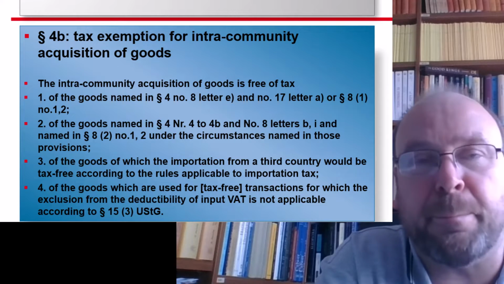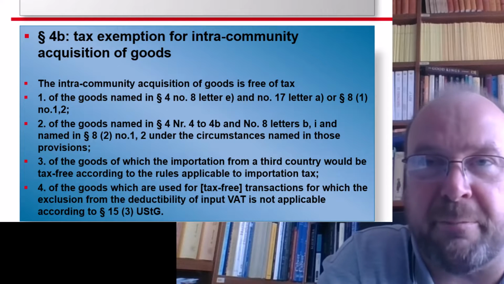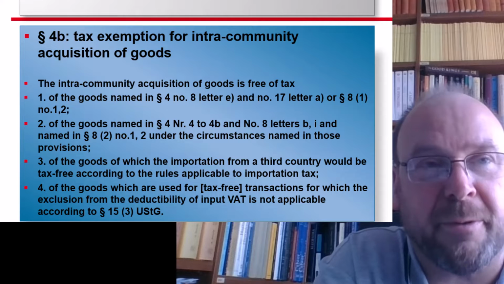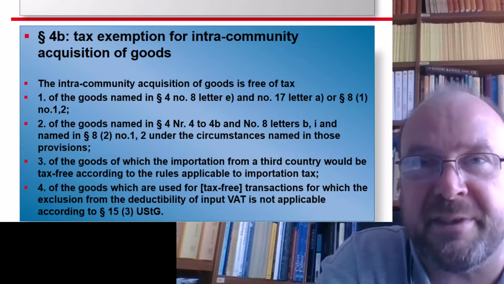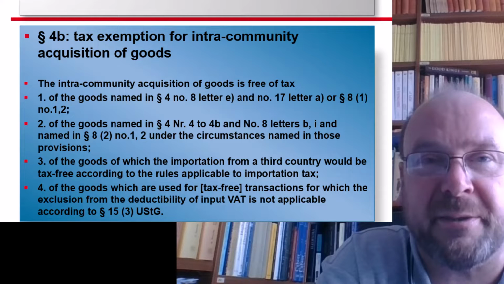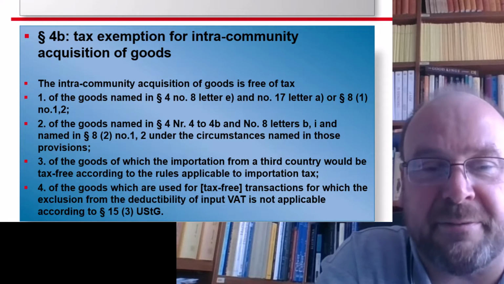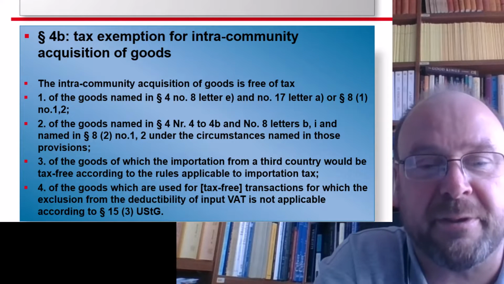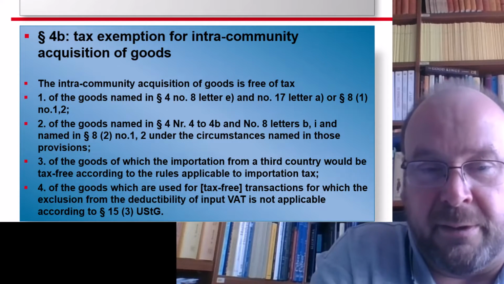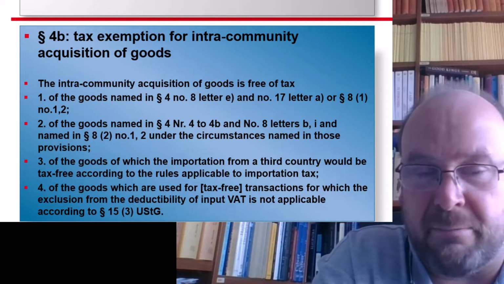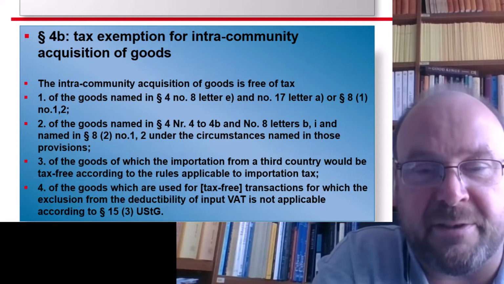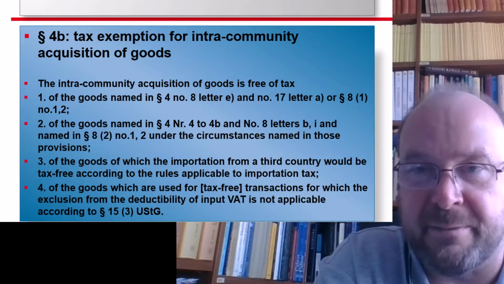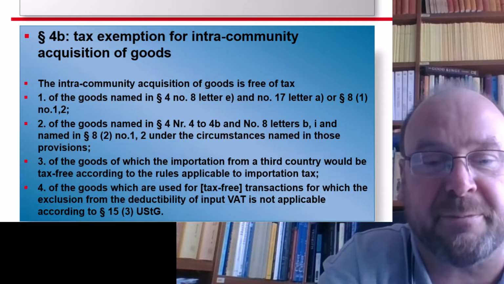So if you order something from Paris and you don't have it brought to your own firm, but you order the deliverer that it should be sent to an acknowledged tax-free warehouse, then the acquisition is free of tax, because everything which is inside such warehouse should always be free of tax. For number 8, let us be brief, there are some financial instruments which sometimes can be sold free of tax. Acquisition is tax-free under the circumstances named there.